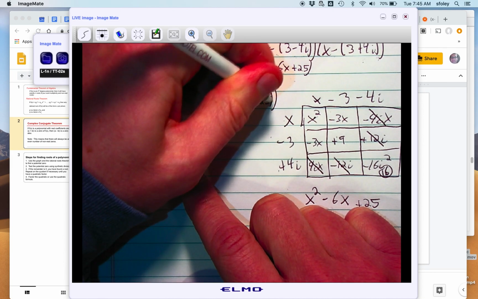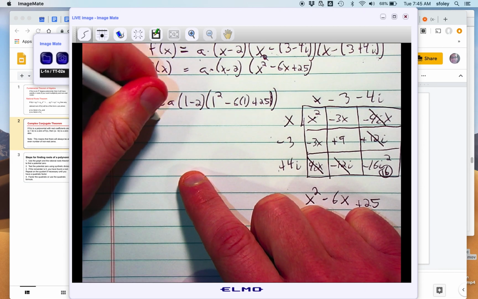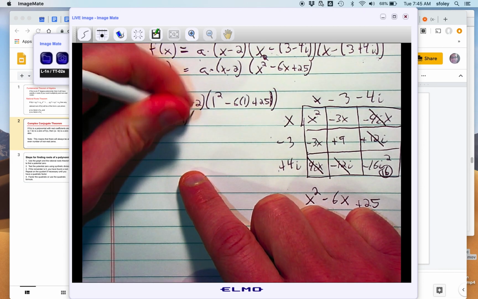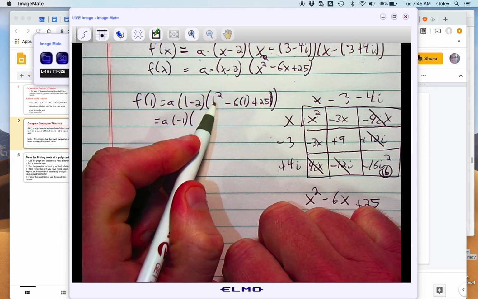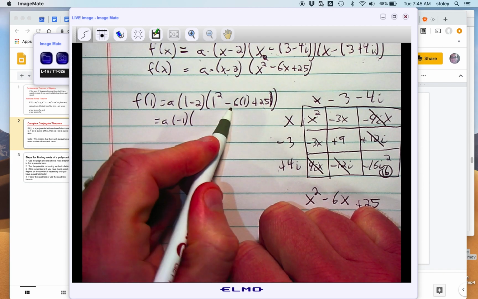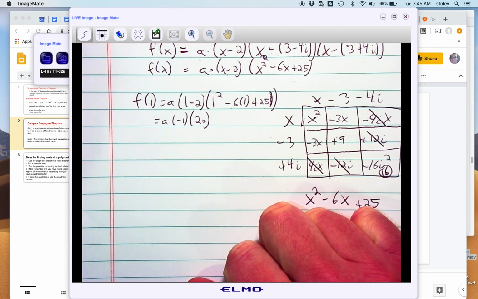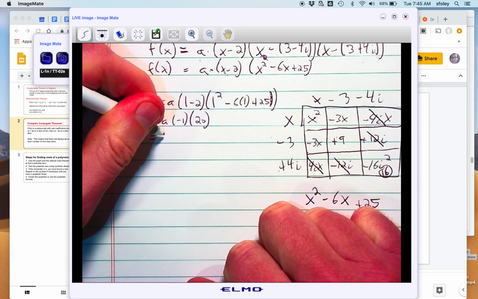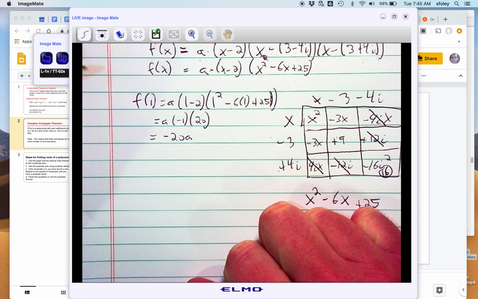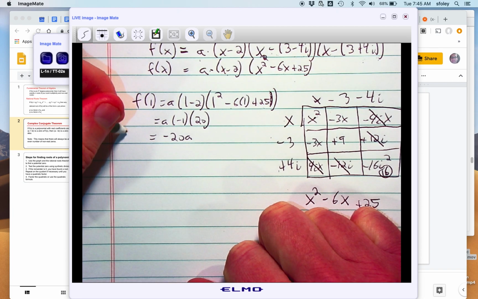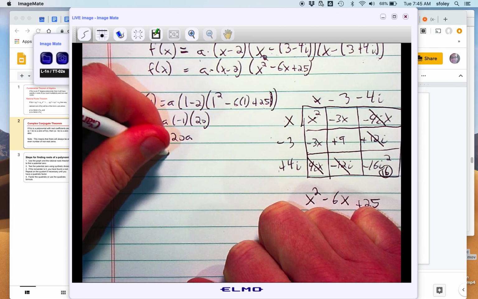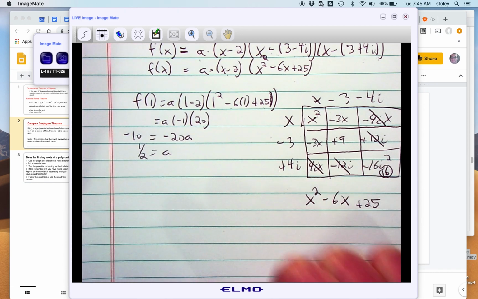And so I get a times negative 1 times 1 minus 6 plus 25, which is 20. And so I get negative 20a, and this is supposed to equal negative 10, and so a must be 1/2.